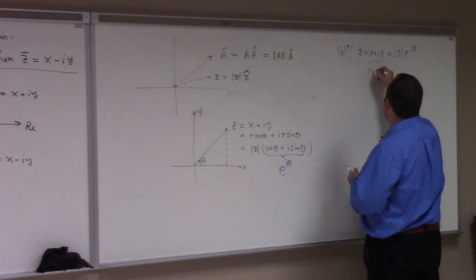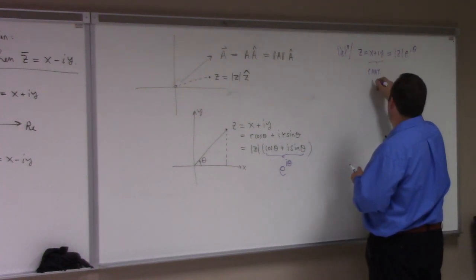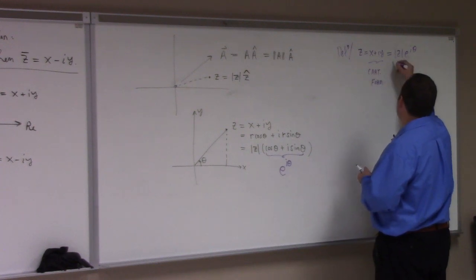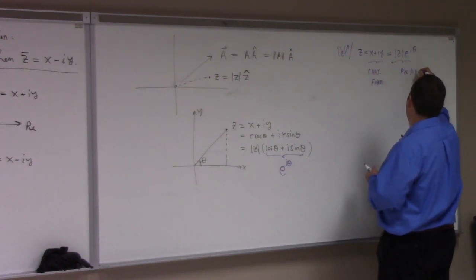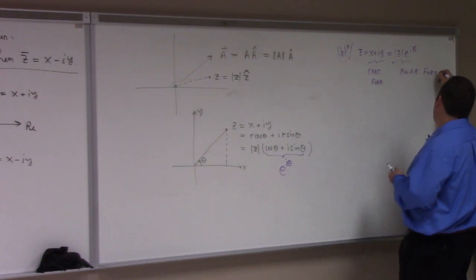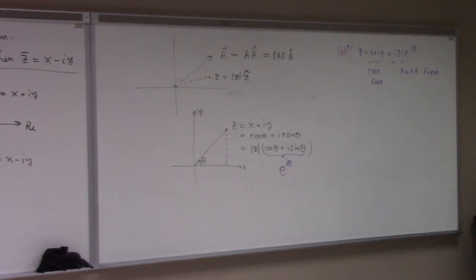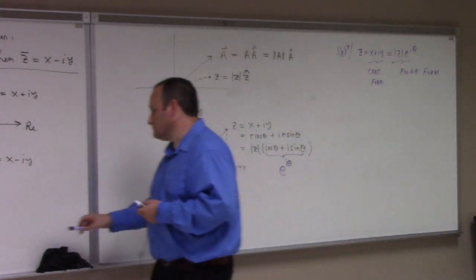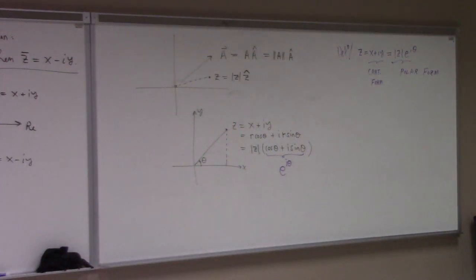So this is the Cartesian form. This is the polar form. All right. It's like, well, great. So what?